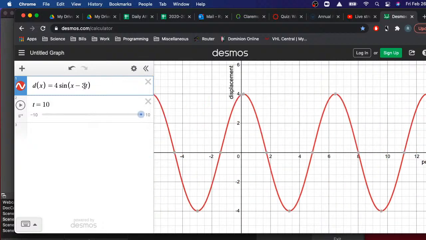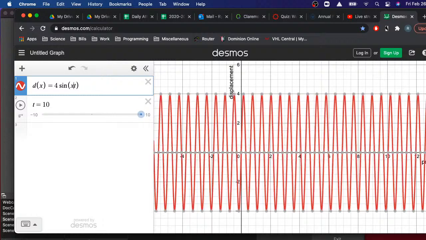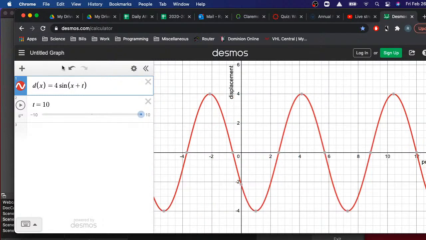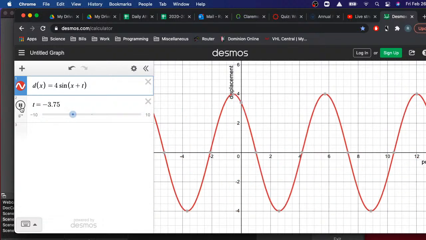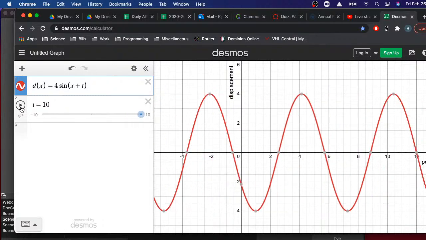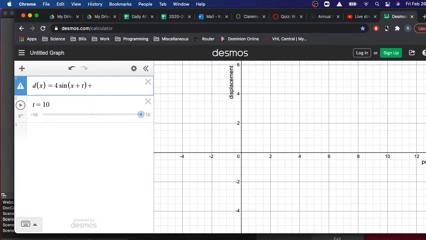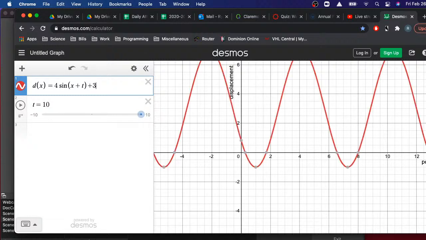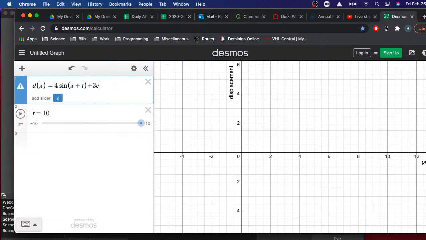What if I change the negative to a positive? Now that's going to be a leftward shift. And so now the wave is moving in the opposite direction. That's pretty cool. We could say, what happens if I add multiple waves together? So maybe I have 3 plus 3 cos. I'm going to make these waves smaller just so that we can see it more easily.